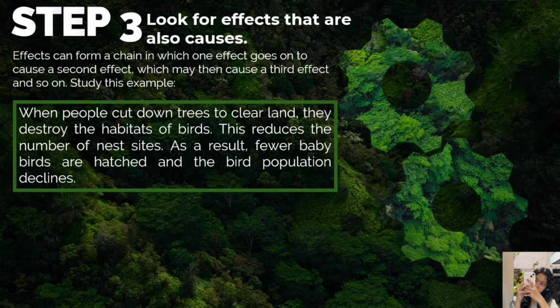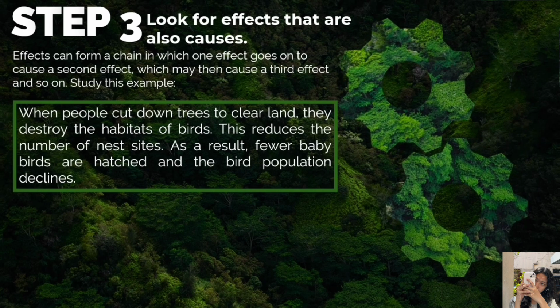Okay, thank you, Alex. Now, can you analyze which are the causes and effects? I'm not sure, but I'll give it a try, miss. If I look from the effect, there are 4 effects, miss. The first effect is the habitats of birds are destroyed.